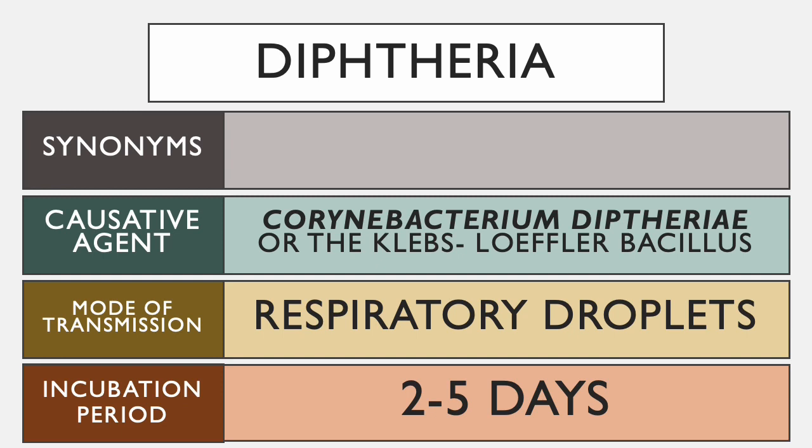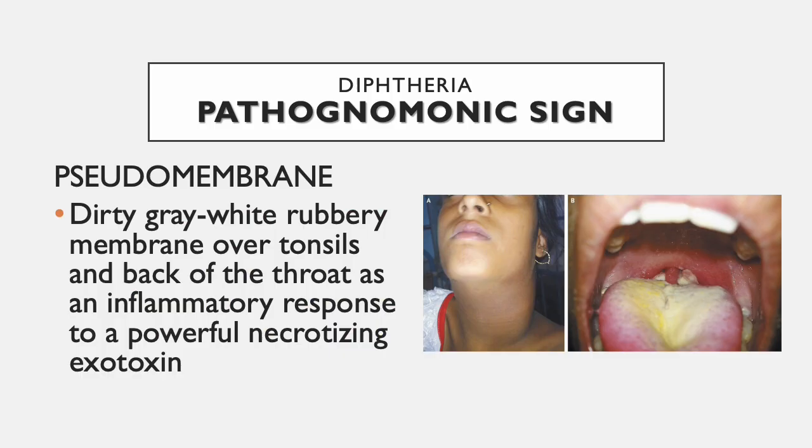And then, the mode of transmission for diphtheria is respiratory droplets. Then, the incubation period is 2 to 5 days. Now, the pathognomonic sign of diphtheria is the pseudomembrane. Now, let me just look at that. Right, this is the uvula.